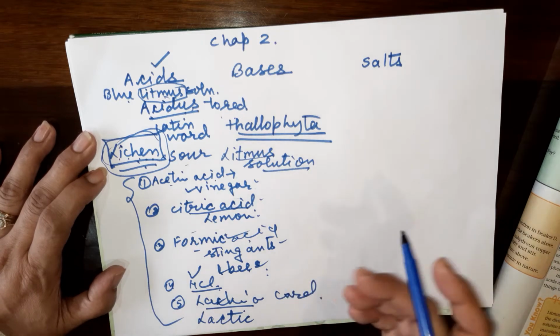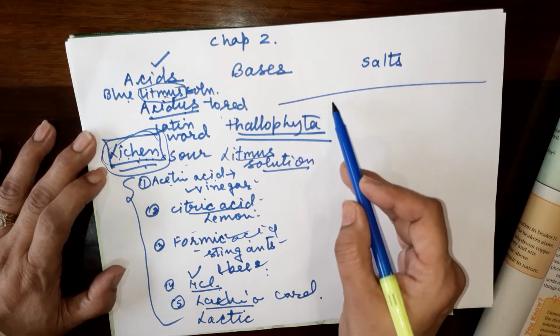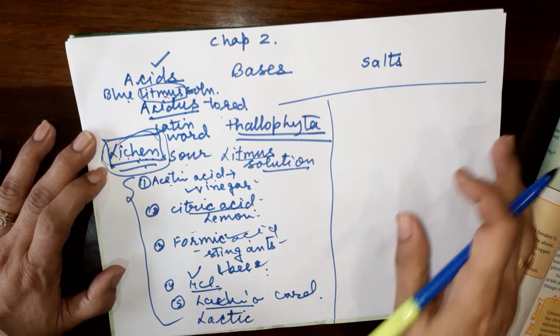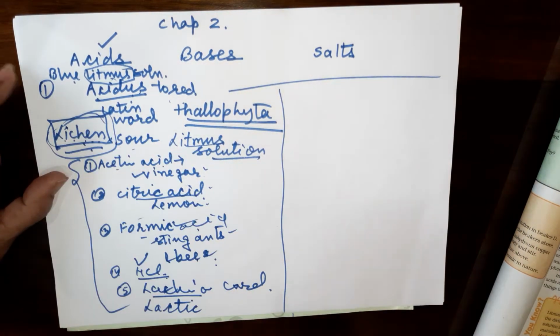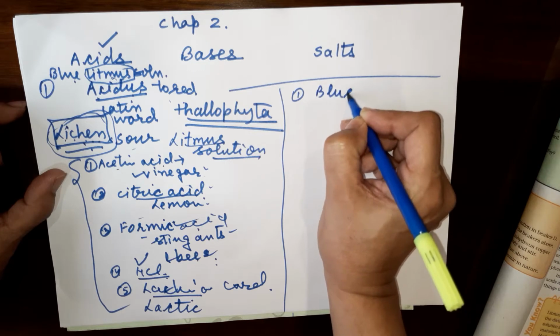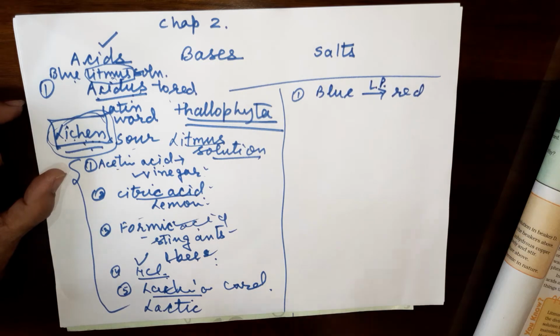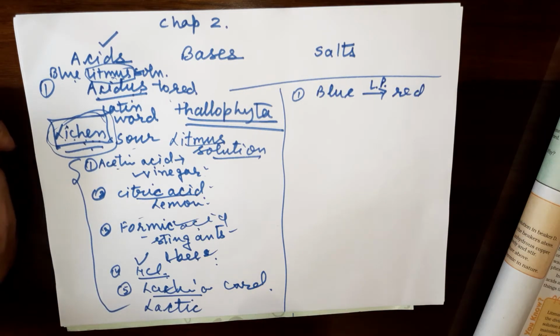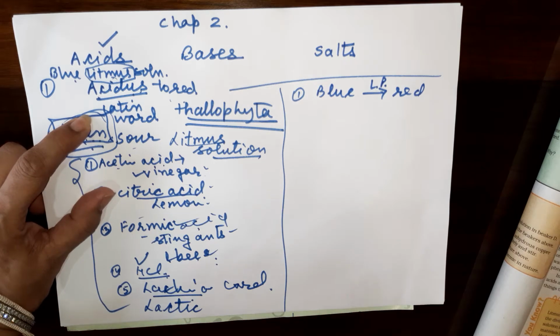Now if we see the other properties of acids, one is this, that they convert blue litmus paper into red. Then they can react with carbonates and hydrogen carbonates. Physical properties are clear to you, that they are sour in taste.